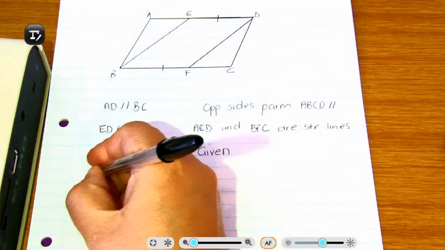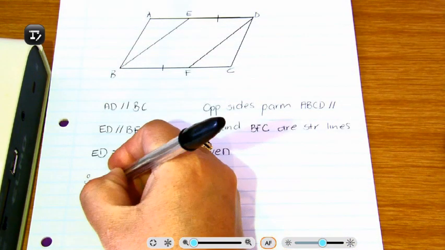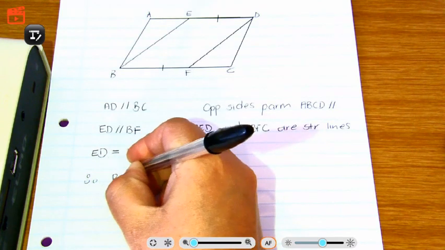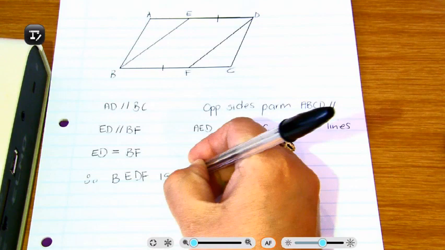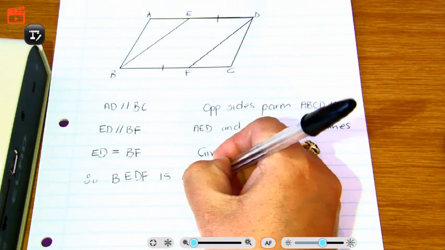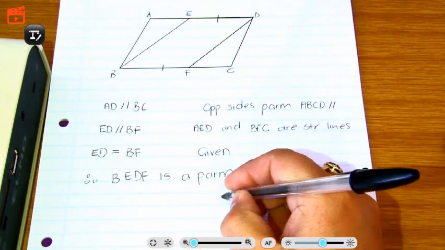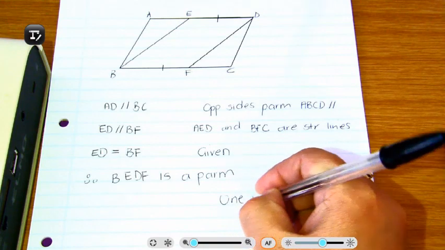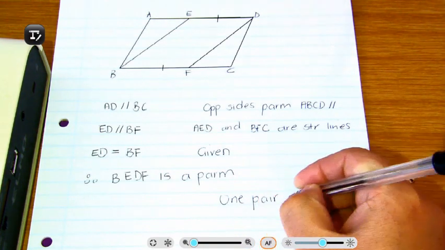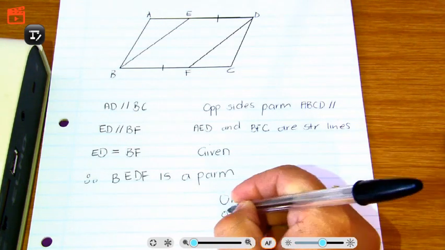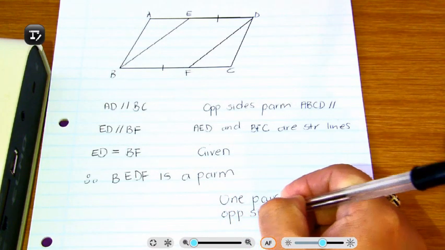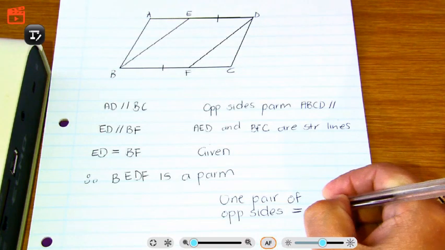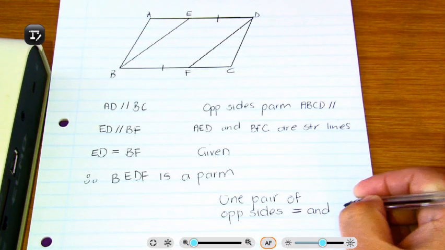So therefore we can prove that BEDF is a parallelogram, and our reason would be one pair of opposite sides are equal and parallel.